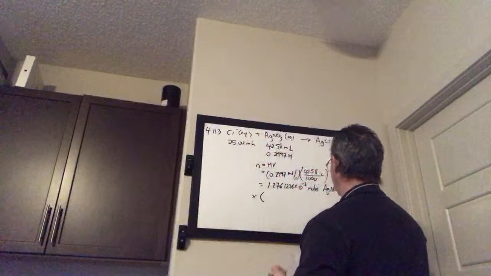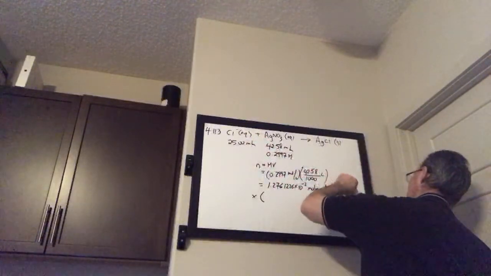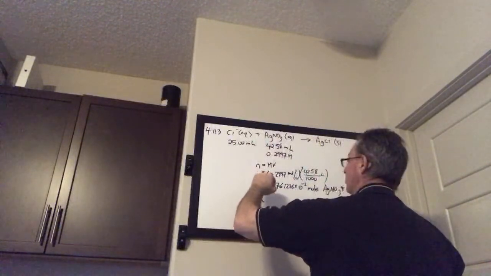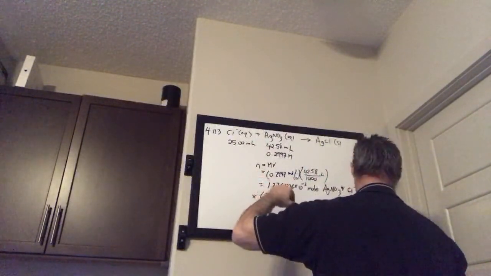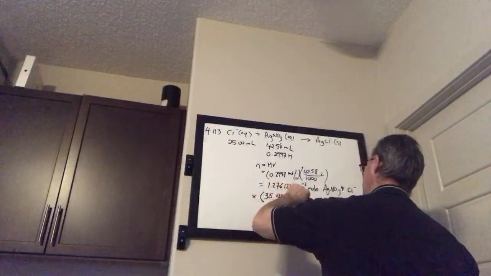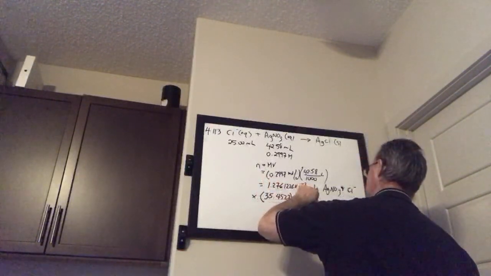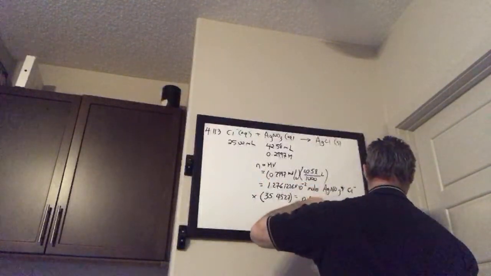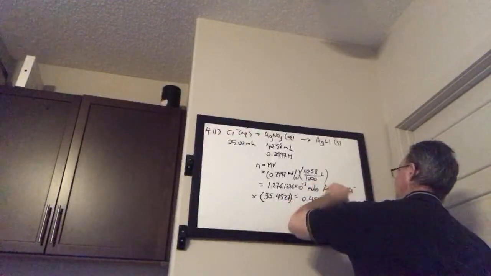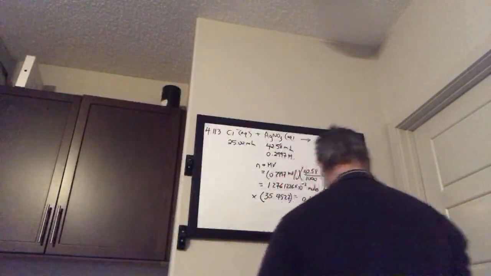So we have the moles of silver nitrate, and we could say and chloride because one's titrating the other. So now we're multiplying by the molar mass of the chloride, and it gives us that we've got 0.45419 grams of chloride in our 25 milliliter solution.